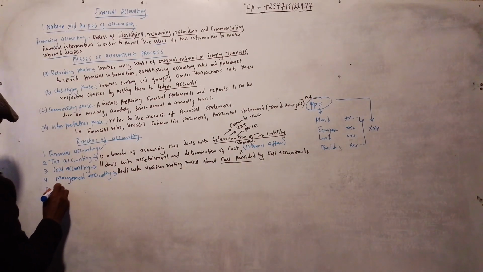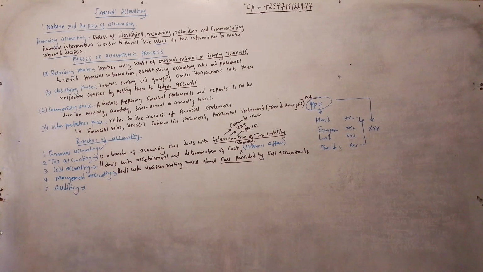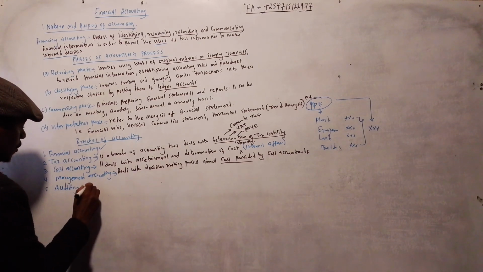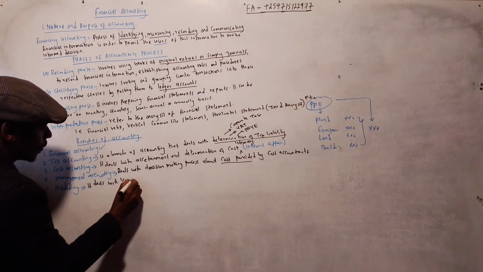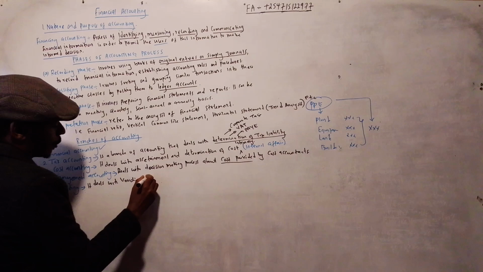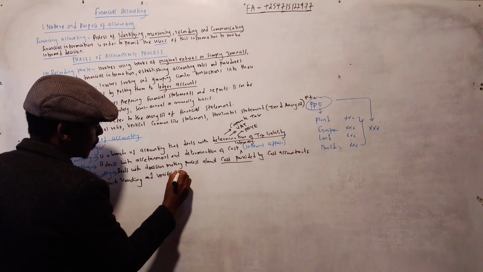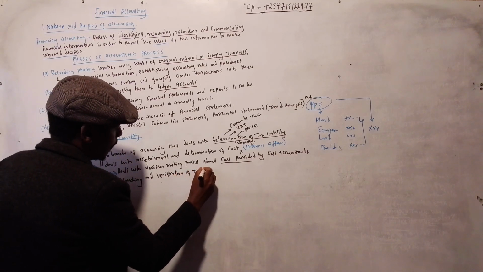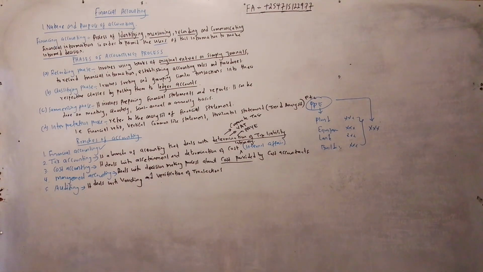The last one is auditing, our last component of the branches of accounting. Now this one deals with the vouching and verification of transactions. So that's the main work of auditing.